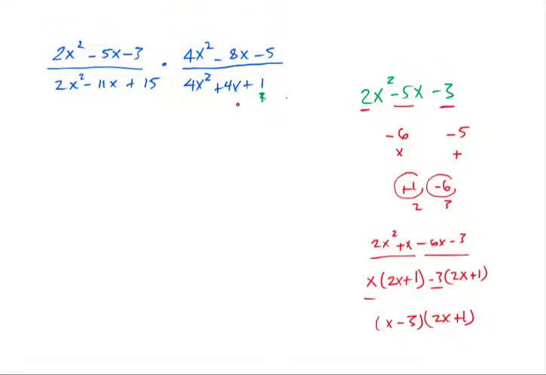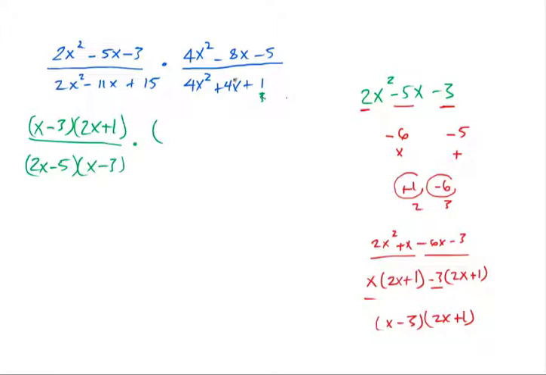Let's write it down. So I have, as I said previously, factored these on the side so that it doesn't take a long time. So the top one here factors out to x minus 3 and 2x plus 1. The denominator factors to 2x minus 5, and I've done it the same way as I've just shown you, and x minus 3.